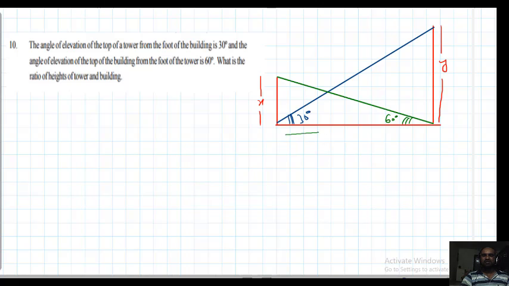Let this distance be some d. We want to eliminate d from the two right triangles.